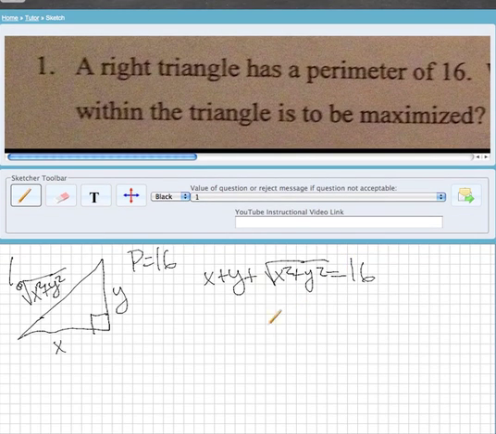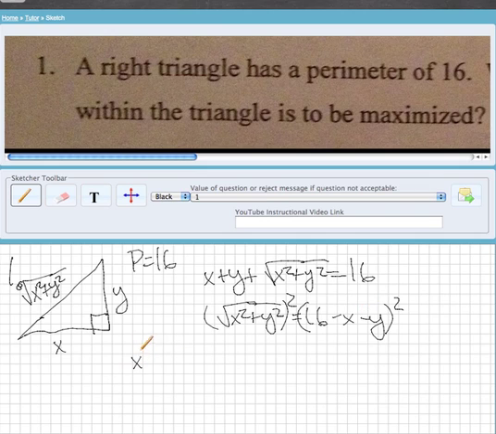Alright, so now I'm going to bring x and y over to the other side, so it's the square root of x squared plus y squared equals 16 minus x minus y. And then I'm going to square both sides. So we're going to have to square a trinomial right here.